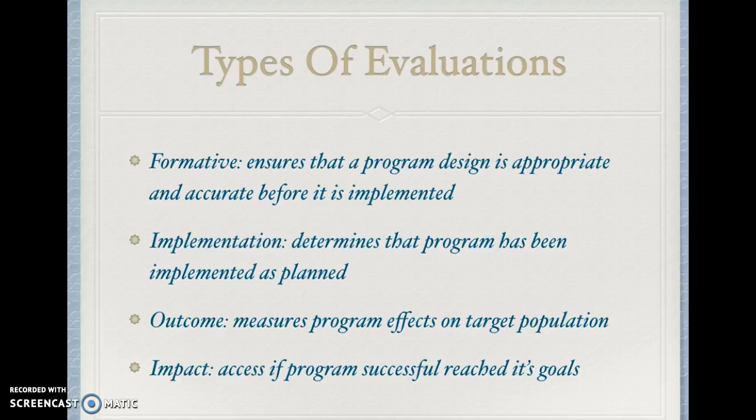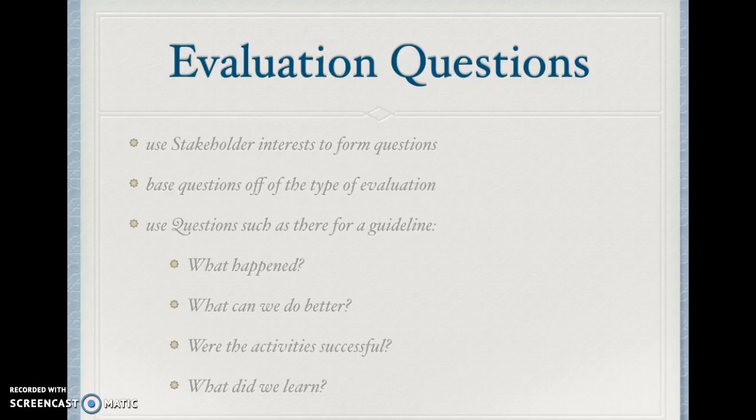Then, based on the type of evaluation you're going to do, you need to formulate evaluation questions. You'll have to use the stakeholders' interest to form these. A stakeholder is somebody who is either affected by the program or has an interest in the program. Based off of these questions, we will be able to determine what happened, what can we do better, were the activities successful, and what did we learn.